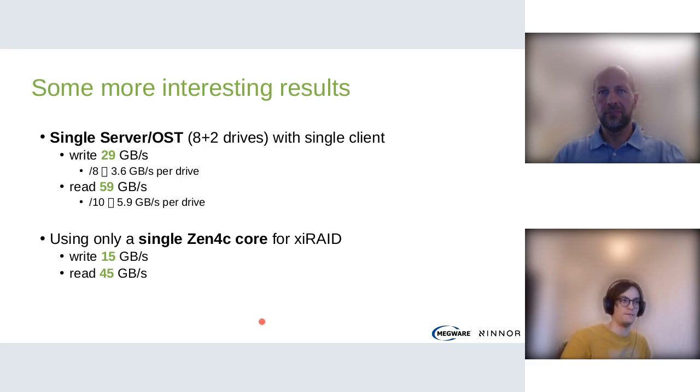With just a single core, we already get 15 gigabytes a second write and 45 gigabytes a second read speed. So for this setup, to fully utilize a single server, we basically just need 2 out of these 32 cores to get the full performance for xiRAID. So it's really, really low performance overhead you have because of xiRAID, especially compared to other solutions.